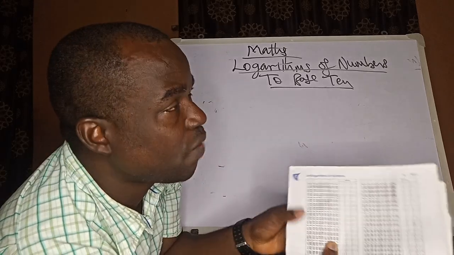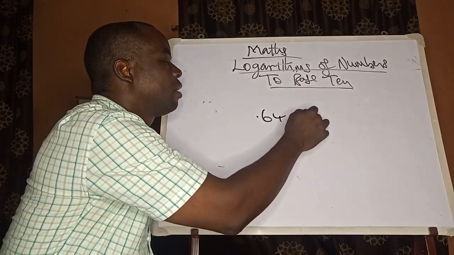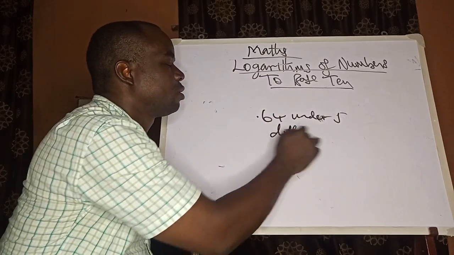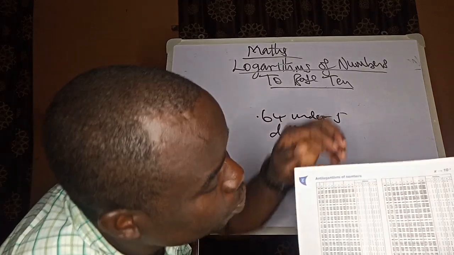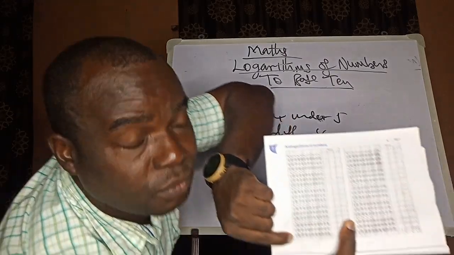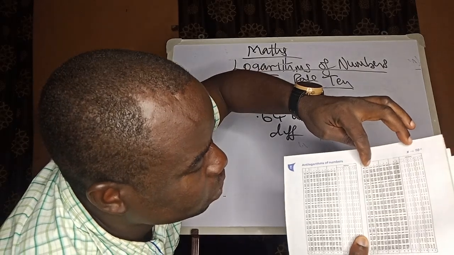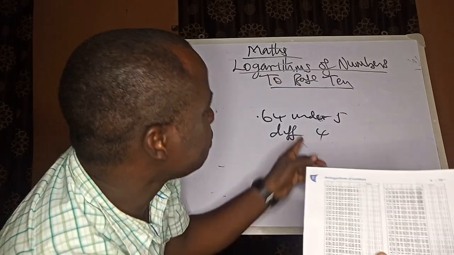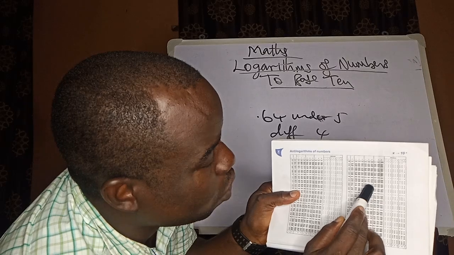Are you with me? So if I ask you to find something like 0.64 under 5, difference 4, you will look for 0.64. So 0.64 is somewhere here. This one ends at 0.49. We now have 0.50. So take it down to 0.64. Now this is 0.64. If you take it to under 5, 0.64 under 5 is 4416.